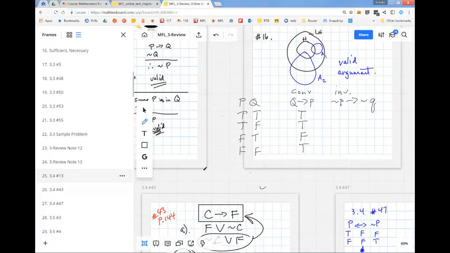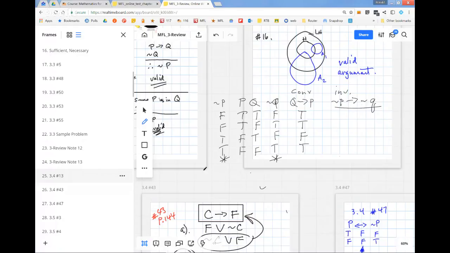Not P is of course the opposite of P: false, false, true, true. Not Q is the opposite of the Q column: false, true, false, true. Now taking a look at these two columns, we can answer this one over here.